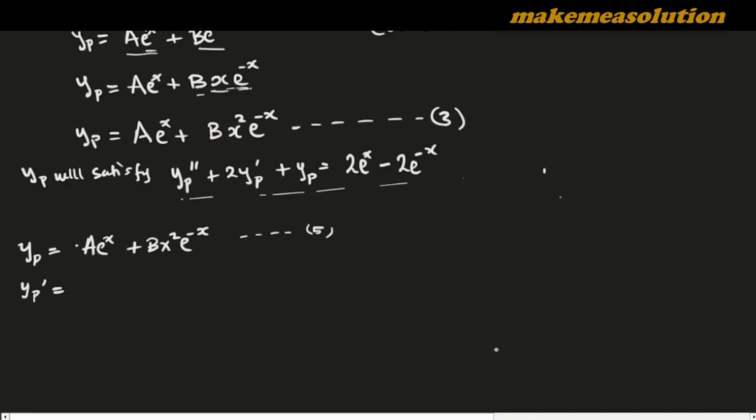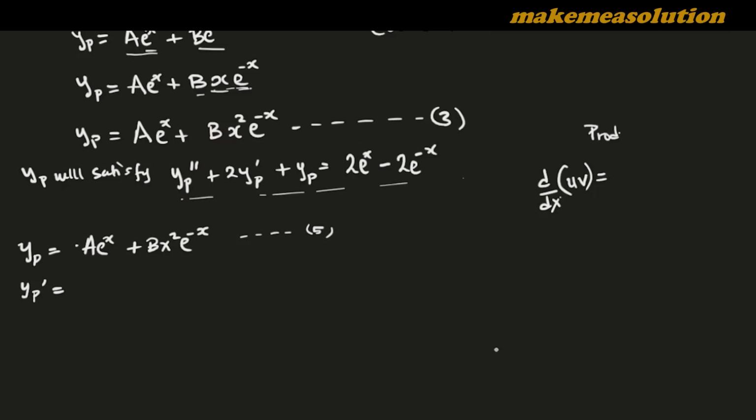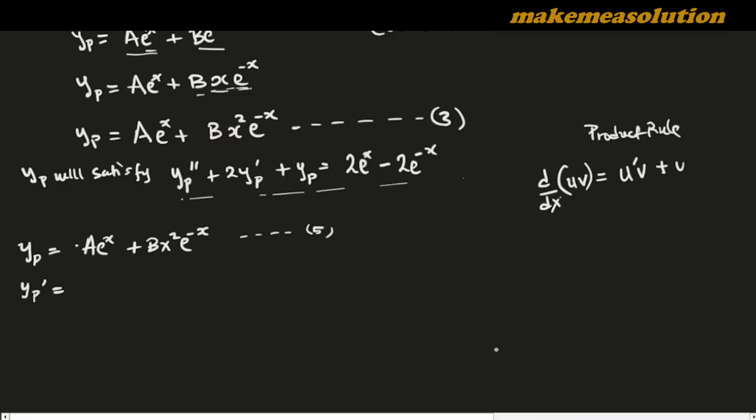When you differentiate a product u times v once, of course you use product rule, and this will give me u prime v plus u v prime. You differentiate one, you hold the other, then you hold the first and differentiate the other.